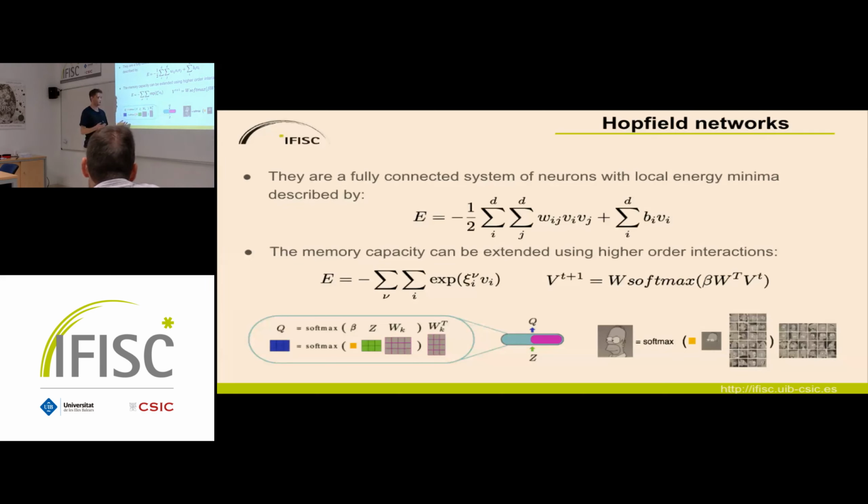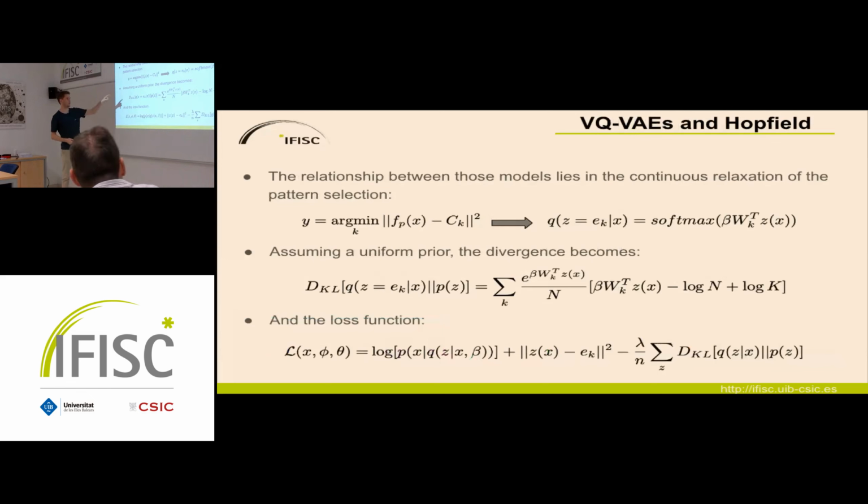Okay, so just to put an example, if we have here a phase and we have those would be now the codebooks, what we will do is select the softmax of those phases and obtain the reconstructed image back. So this is softening the quantization step that we had before, and by doing this, we are introducing this term, which is just the Kullback-Leibler divergence of this prior, which is uniform over all the codebooks.